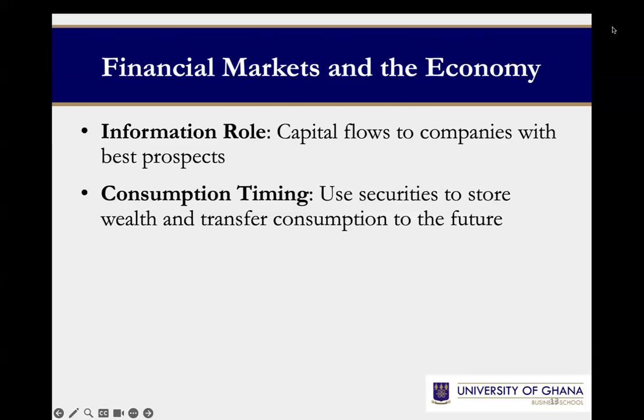So what it means is that we can actually transfer consumption into the future, because usually once you acquire these securities, you are able to trade them off later in the future, or they can be redeemed much later in the future by the issuing entity, however the case may be. So it allows you to time your consumption and therefore spread over time, partly also because it allows you to store your wealth.